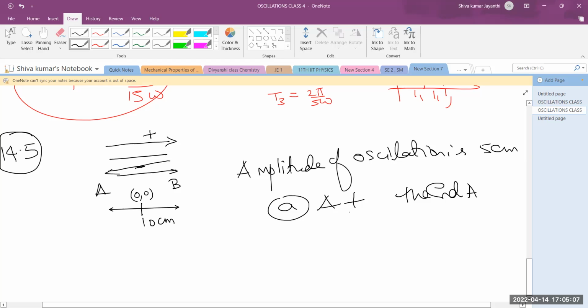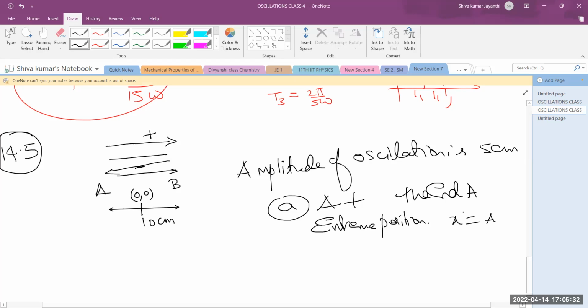At A, the extreme position. At extreme position, what happens? At extreme position means X is equal to A. It's equal to amplitude. So X is at extreme position.